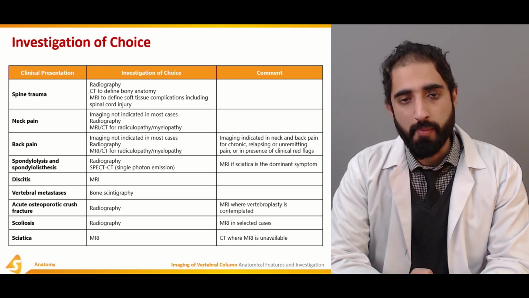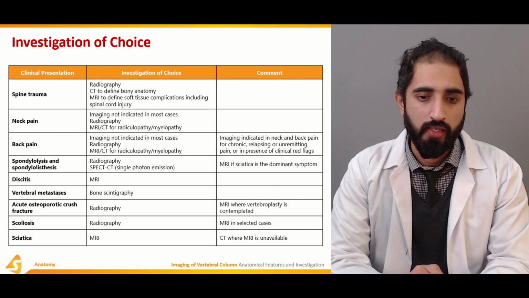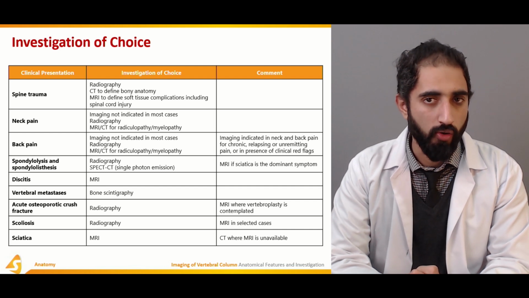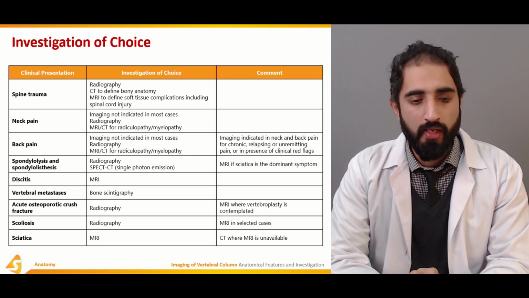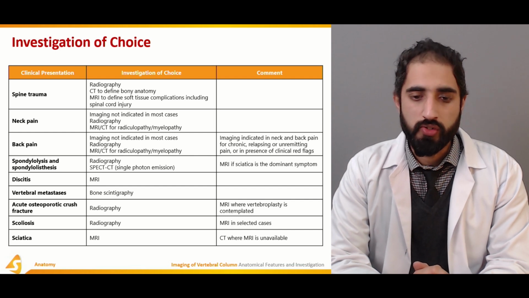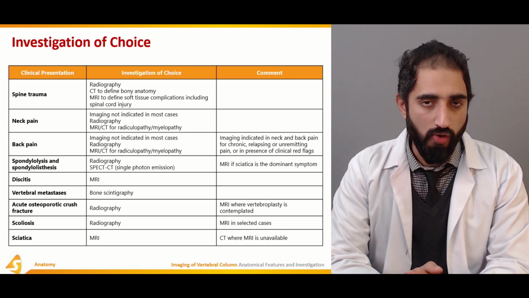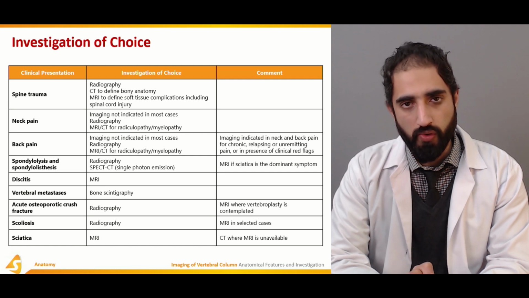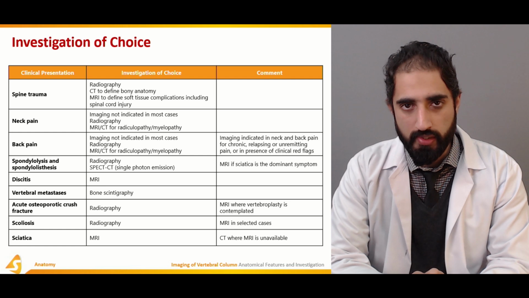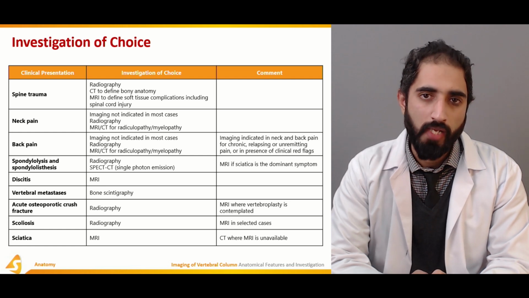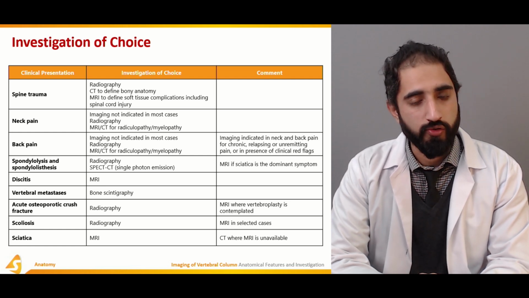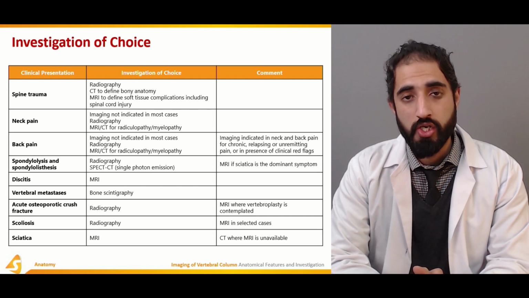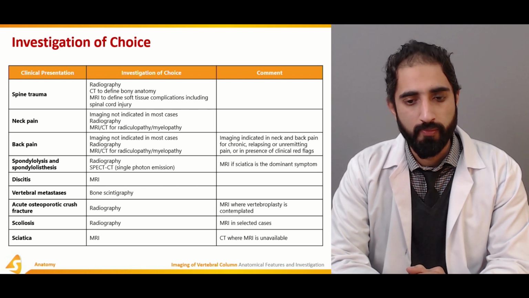We can also use magnetic resonance imaging or CT scan for radiculopathy or myelopathy. In terms of back pain, imaging is not indicated in most cases if it is non-specific or biomechanical low back pain, but still an X-ray can be used for similar reasons as I mentioned for neck pain. Moreover, MRI and CT can also be used for radiculopathy such as sciatica or for myelopathy as well.